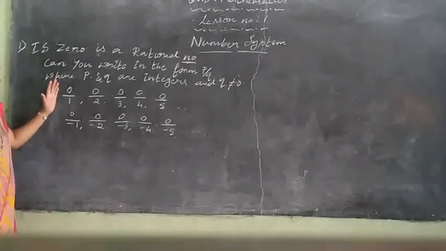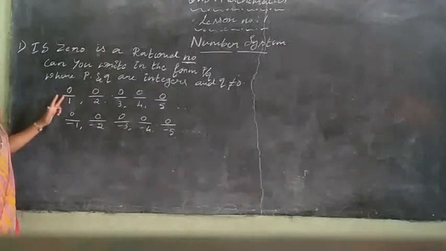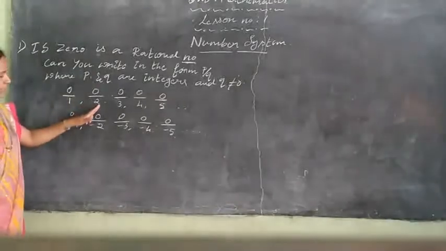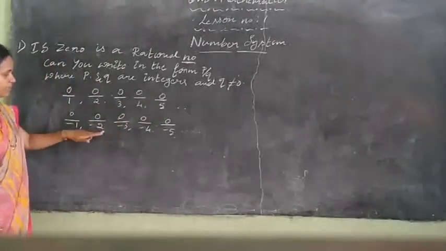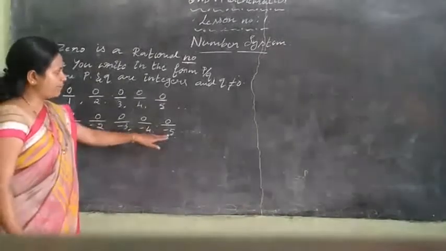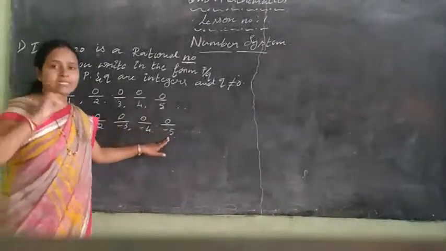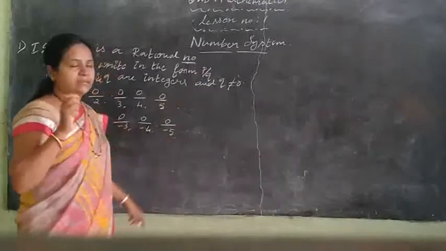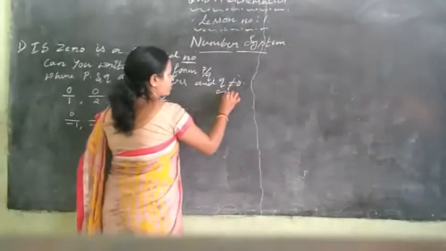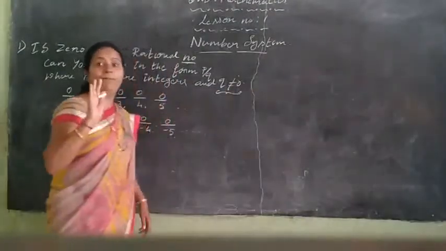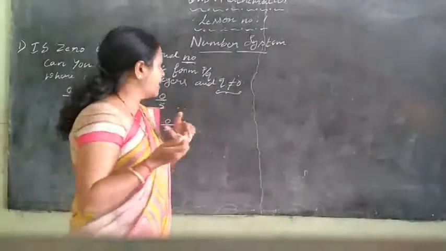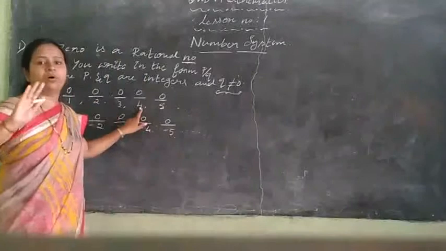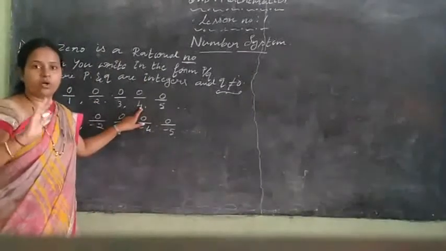See both the examples. 0 in numerator, denominator 1, here 2, 3, 4, 5. Here minus 1, minus 2, minus 3, minus 4 and minus 5. So what is the condition in rational numbers? That is Q should not be equal to 0, children. They are not telling that P should not be equal to 0. P may be 0. But the thing is, the denominator should not be 0.